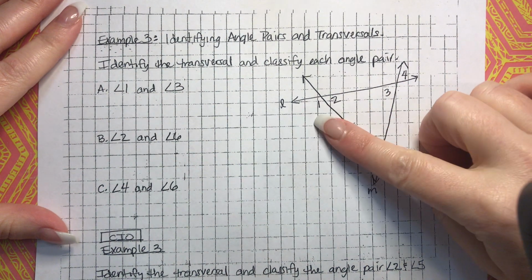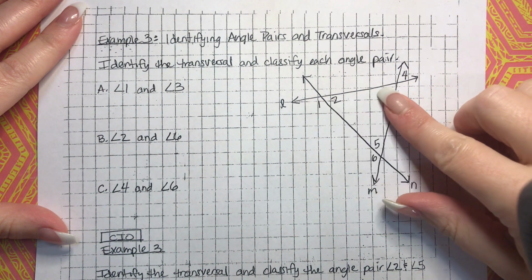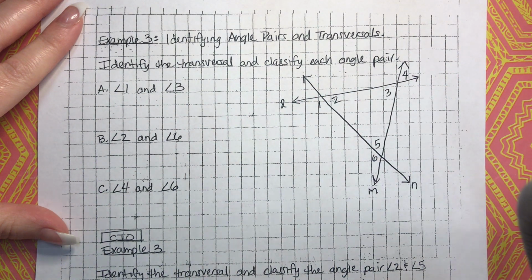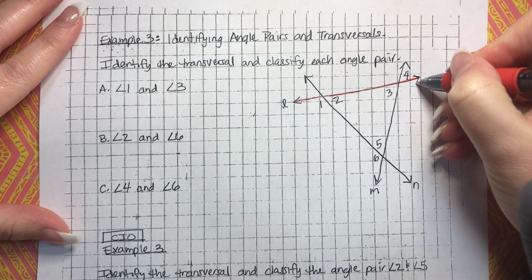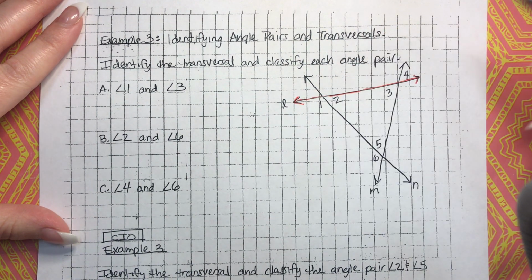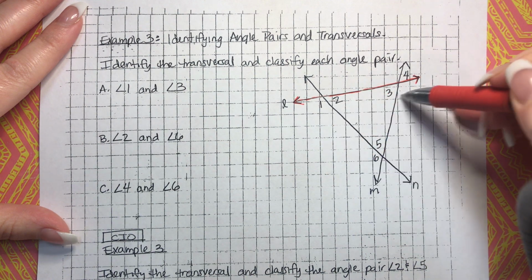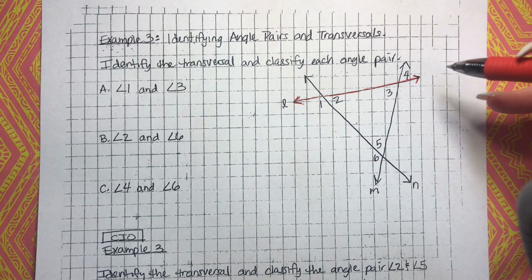With angle 1 and angle 3, you see here, this actually ends up being our transversal, okay? And so this is our transversal right here. So what we're looking at is, how are 1 and 3 related? They're on the same side of this transversal, so it's not alternate interior, it's not alternate exterior.